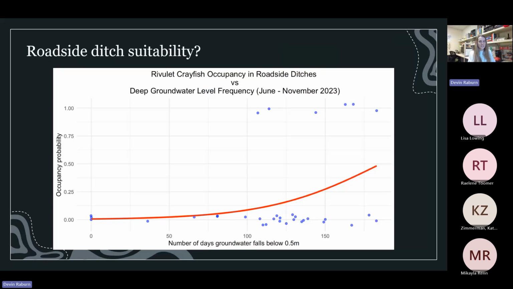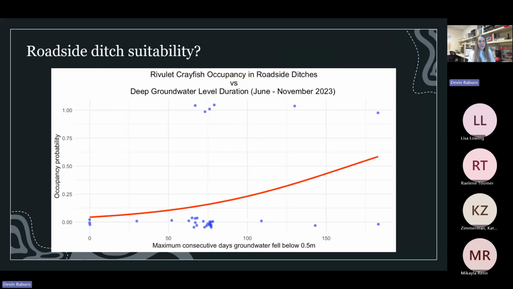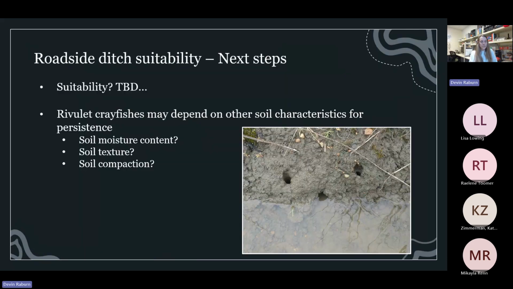And this is frequency. And if we look at duration of the longest period, it's the same type of trend here. So that's super interesting and not what we thought. So we might start to hypothesize what makes a roadside ditch suitable for rivulet crayfishes. That's to be determined.